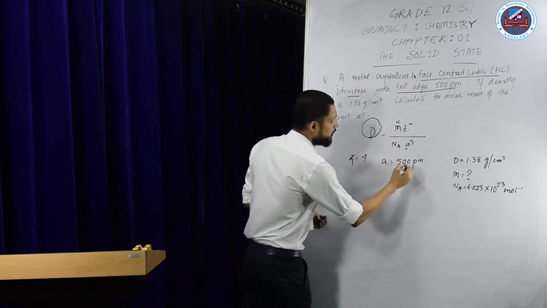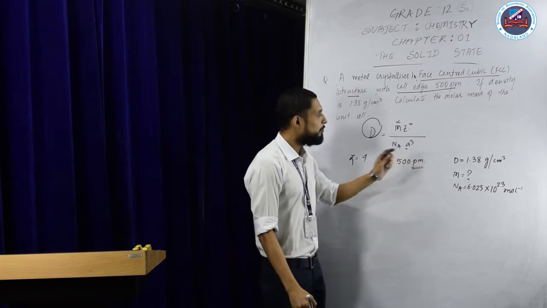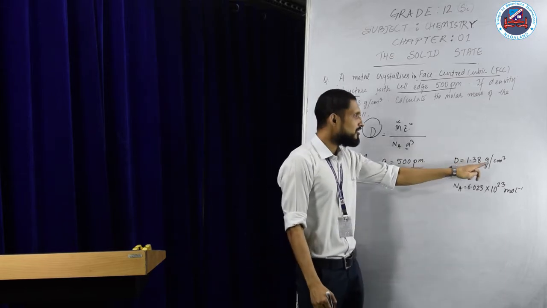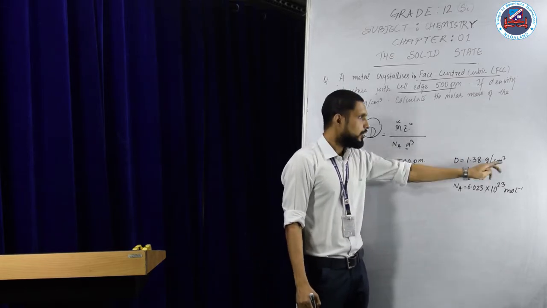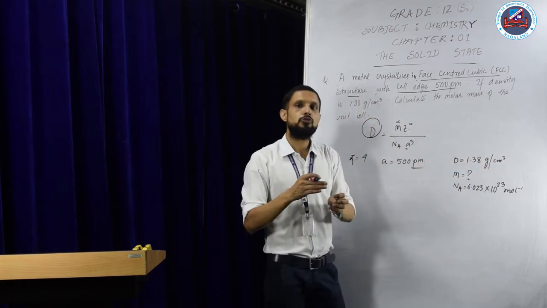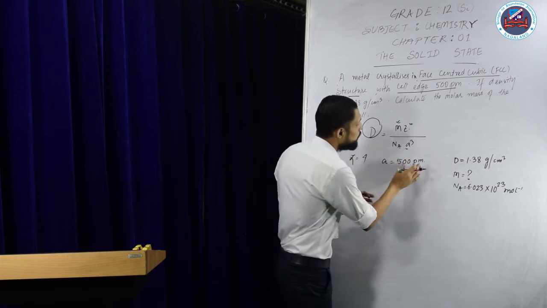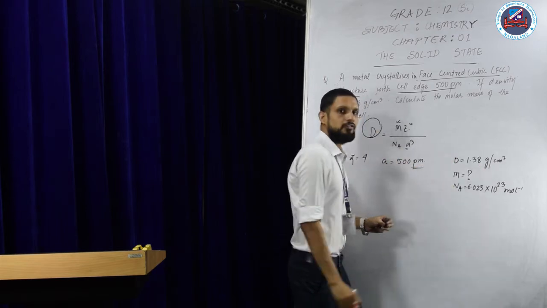Now, the unit of length used here for edge length is picometer, whereas in density the unit of length, that is for volume, is centimeter cube. We cannot use two different units in the same question, so we have to convert picometer into centimeter.